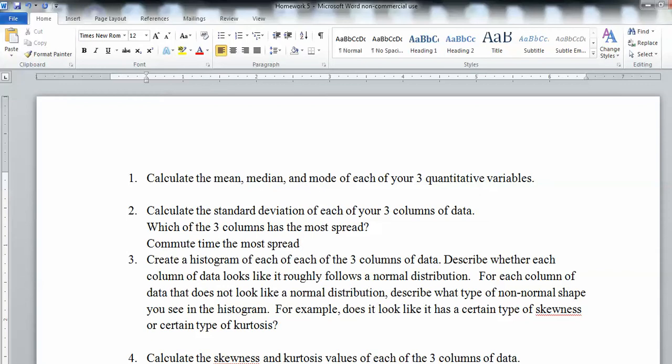And I could also say because it has the largest standard deviation, but I didn't really ask for that, so I'll just say commute time has the most spread. And if you said this, I'll assume that you mean because of the standard deviation.